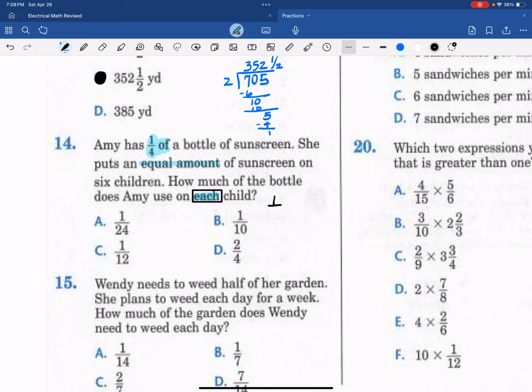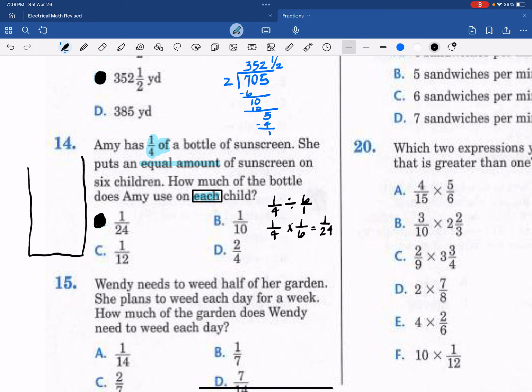We're taking that fourth of a bottle and we're dividing it 6 ways. So let me put a 1 there, and then we need to flip the fraction that follows. Then multiply to get 1/24 of that bottle.